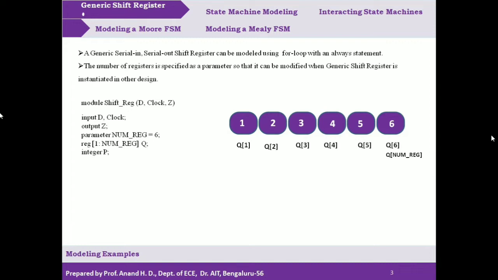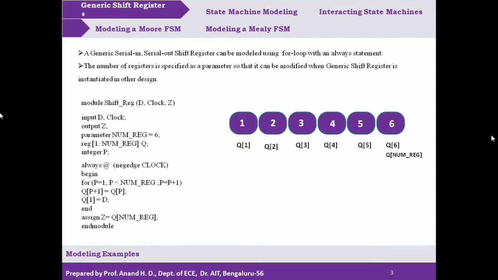The other part of the code says always at the negative edge of the clock, which means we are going to synchronize the next statements with respect to the negative edge of the clock, so the following statements are sensitive to the negative edge of the clock.